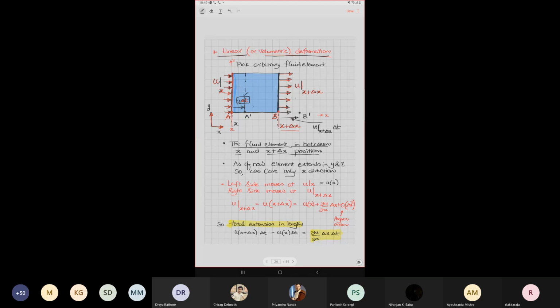That is u at x plus delta x multiplied by delta t minus u at x delta t. If I do Taylor series expansion, u at x plus delta x is u of x plus del u by del x delta x plus higher order terms, because this kind of mechanics is what we call linear theory.